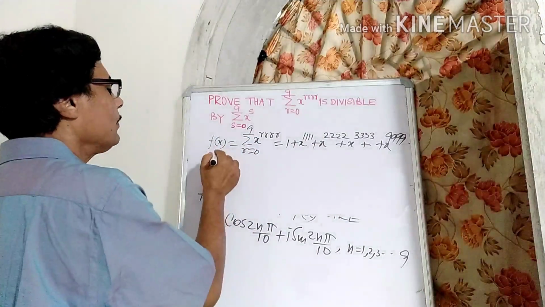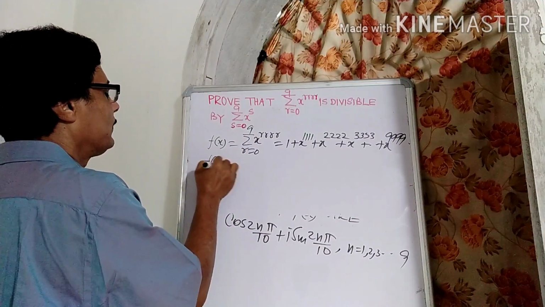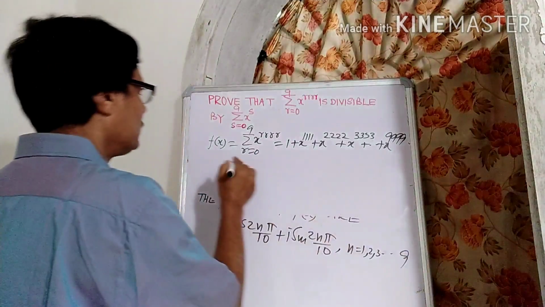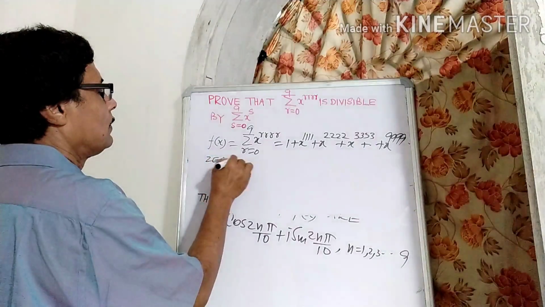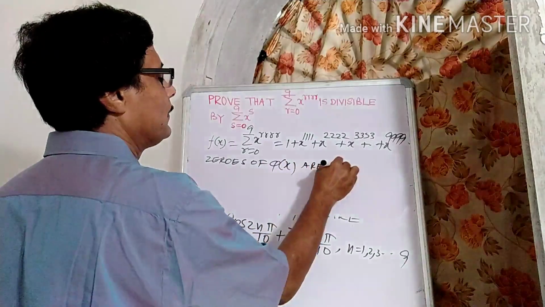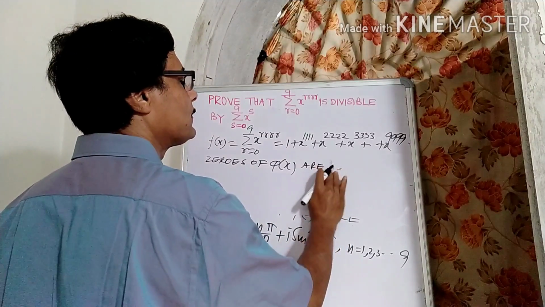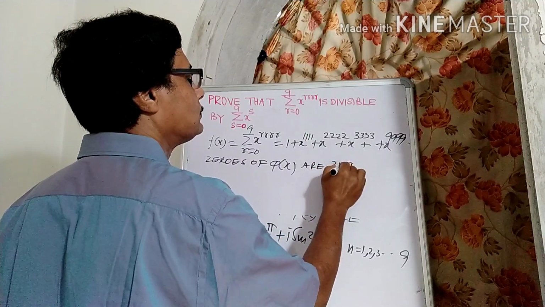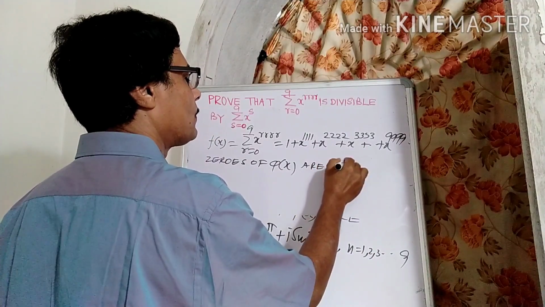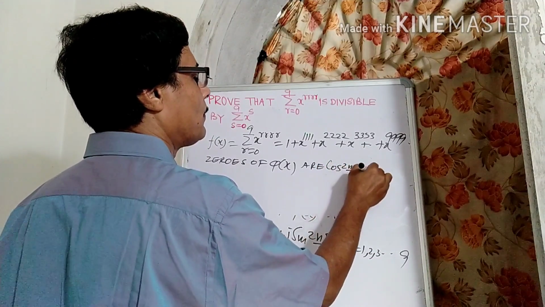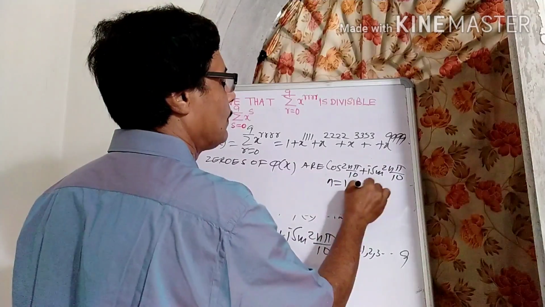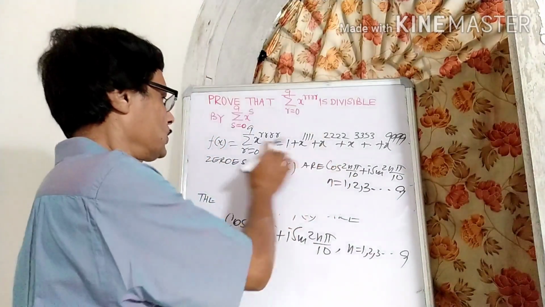Now zeros of phi(x) are x equal to cos 2n pi by 10 plus i sin 2n pi by 10. These are the zeros of phi(x).